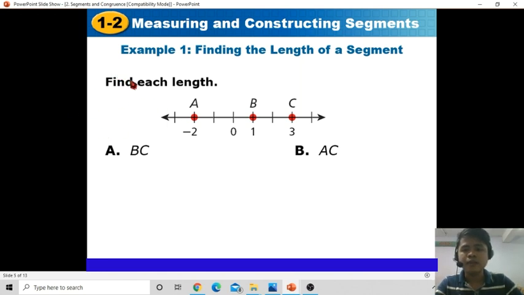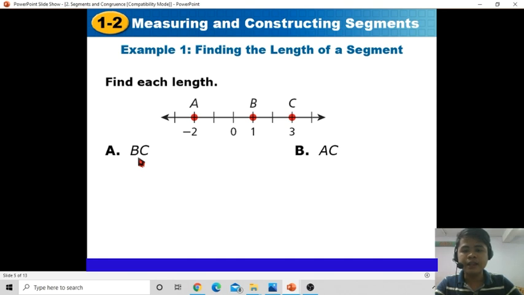Let's proceed to finding the length of a segment. Find each length. Here in A, we have BC. And here in B, we have AC. When there are only two letters, BC, it indicates distance.